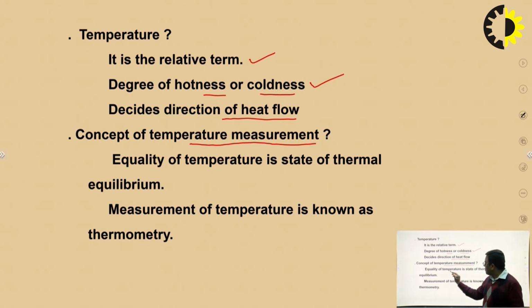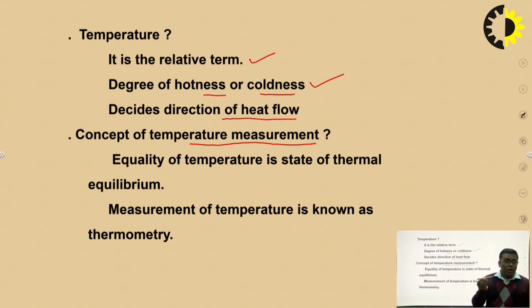The very fundamental thing is the equality of temperature, or the state of thermal equilibrium. Suppose this is the thermometer I am carrying here. To measure the body temperature or the ambient temperature, I will keep this thermometer in contact with the surrounding, or with my body.